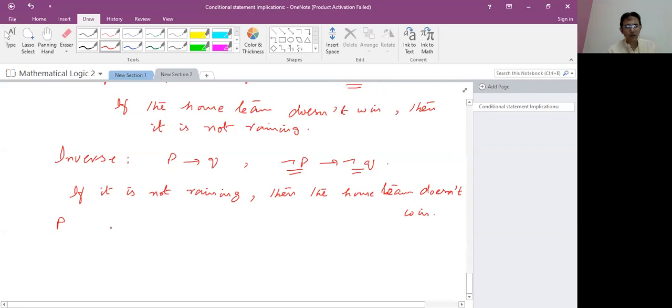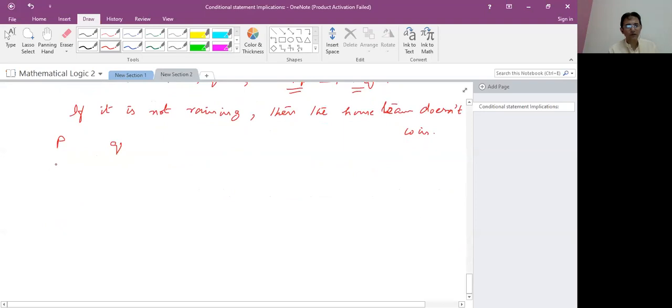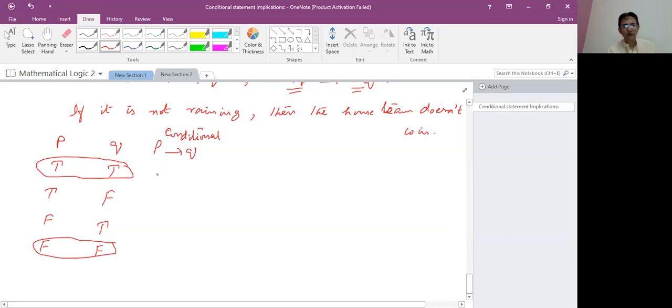So first we make a table, student, with P and Q. When we consider two variables: true, true, false, false for P, and true, false, true, false for Q. First we write the conditional statement, P implies Q. According to the rule, when both are true, it is true, and when both are false, it is true.